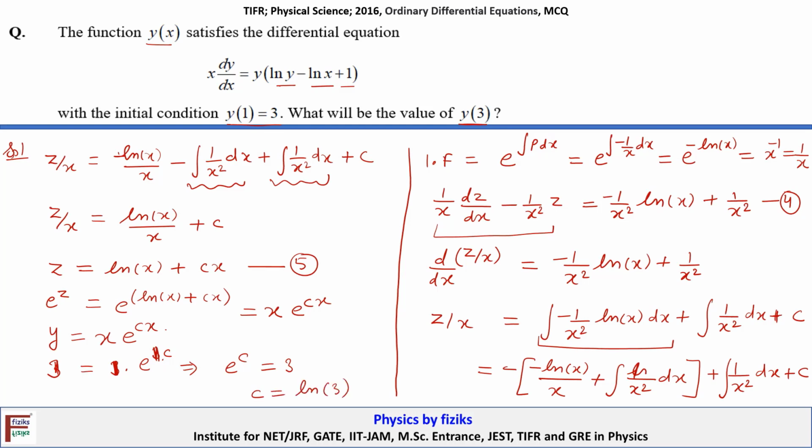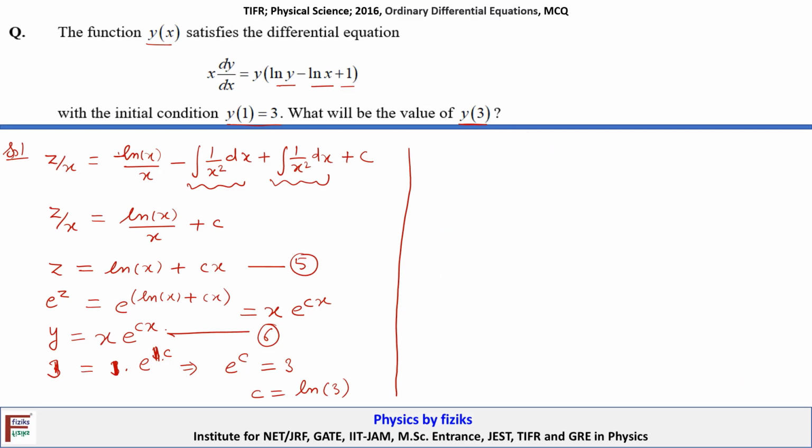Now substituting this value of c in the given solution, which is equation number 6, we obtain y is equal to x into e to the power ln of 3 into x. This can be written as x into e to the power x into ln of 3.